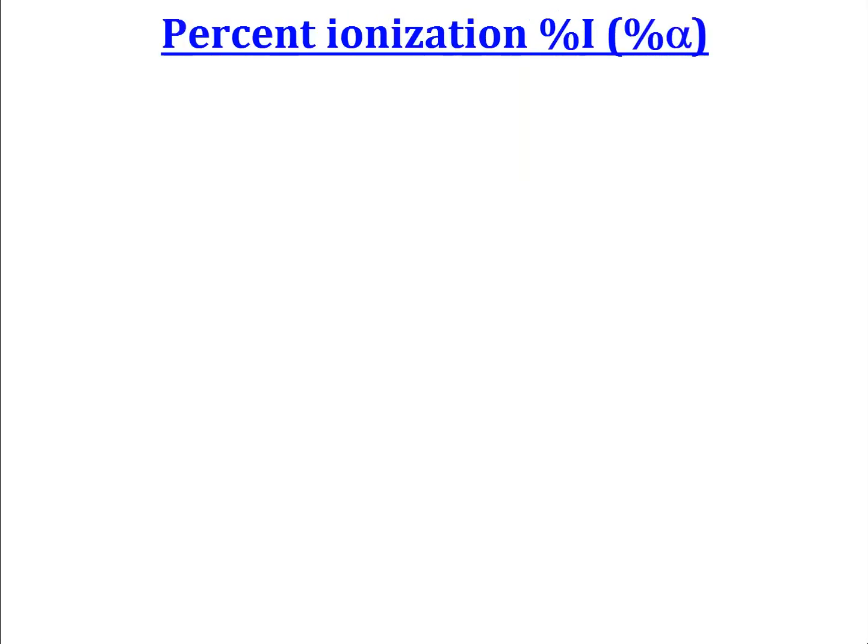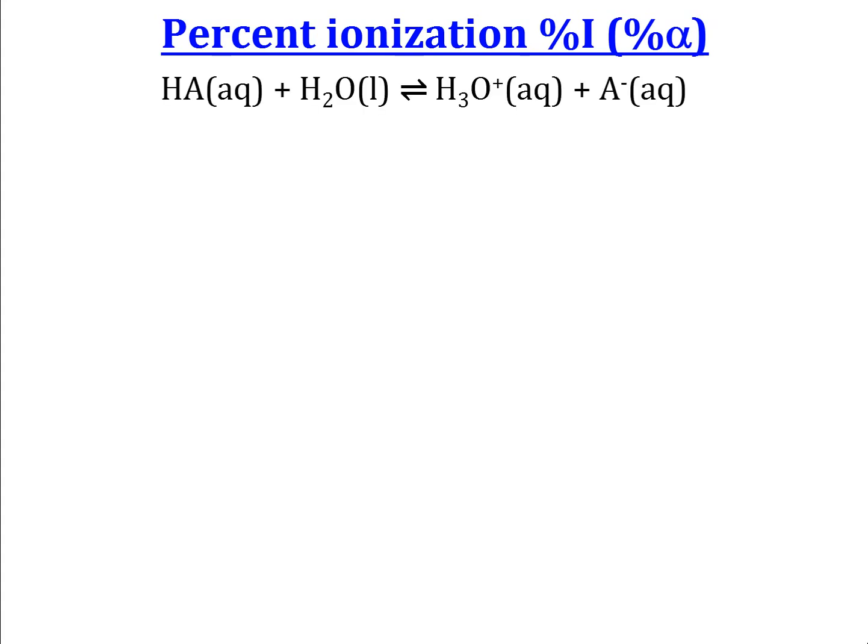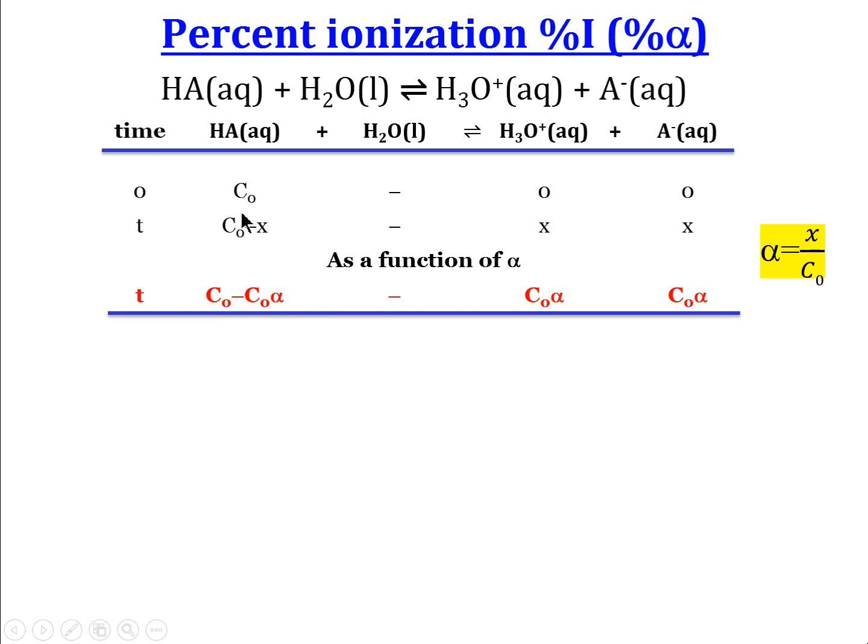Since a weak acid dissociates partially to H3O+ and A-, we have to calculate its percent ionization, percent I, or percent alpha. Consider the dissociation of weak acid HA. At t equals 0, we have C0 for HA, 0, 0. At the equilibrium, C0 minus x, x, x.